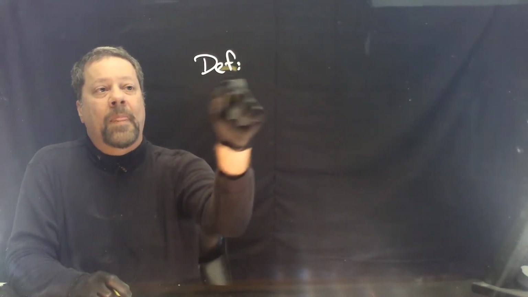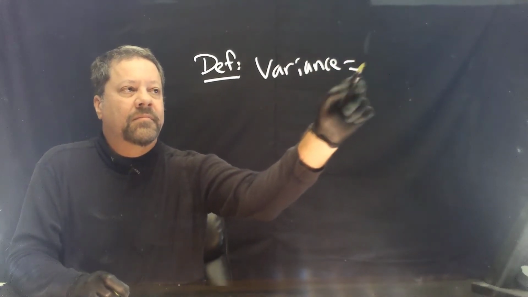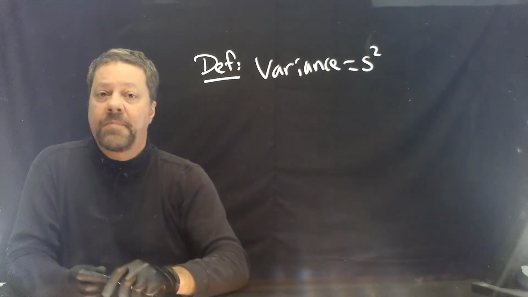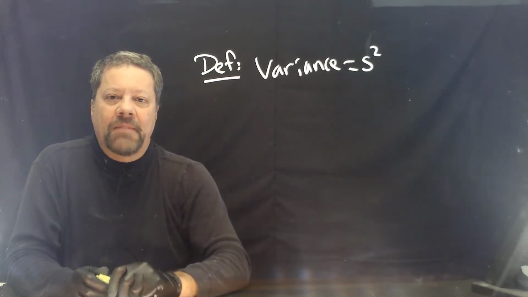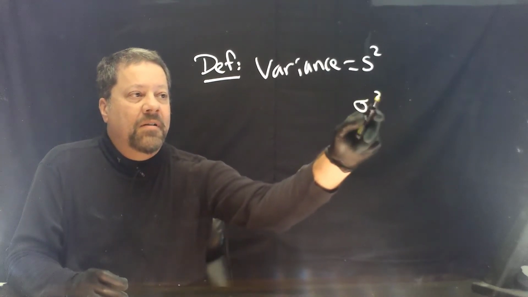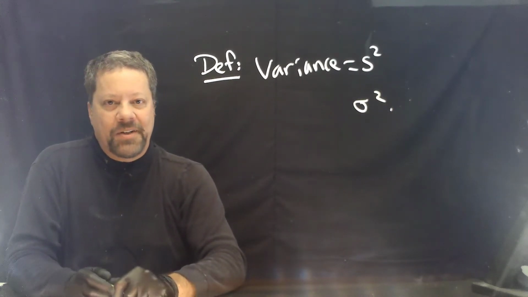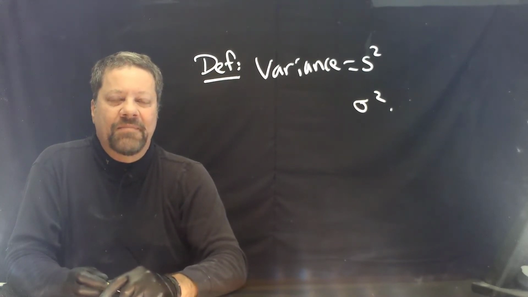The variance is the sample standard deviation squared, or the variance for the population would be the population standard deviation squared. That just gets rid of the square root in the computation.